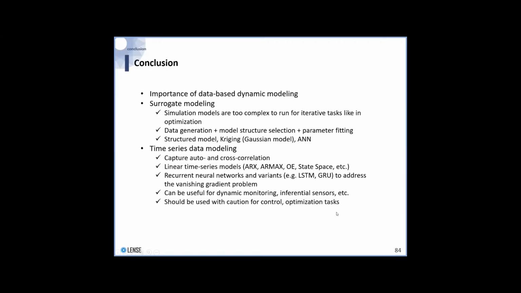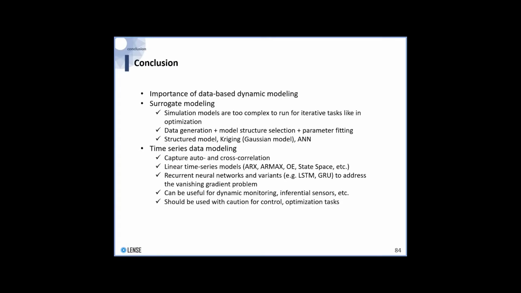Why? Because data come with a certain correlation structure, right? And the inputs that you're trying to use for control and optimization, the degrees of freedom, they better have a certain excitation condition satisfied. They better be well perturbed.